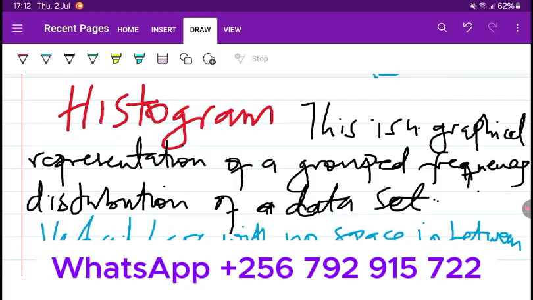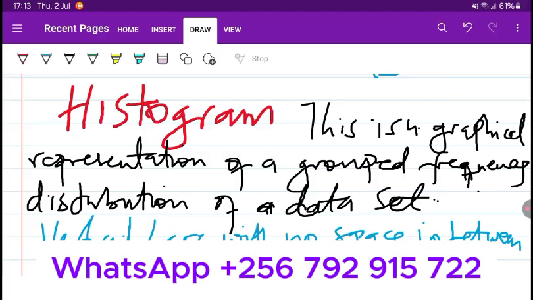The reason we call it a frequency histogram is because this bar graph represents the frequency distribution of the data set, portraying the different frequencies of each of the individual data sets as given to us. So the histogram displays the data by using contiguous vertical bars.